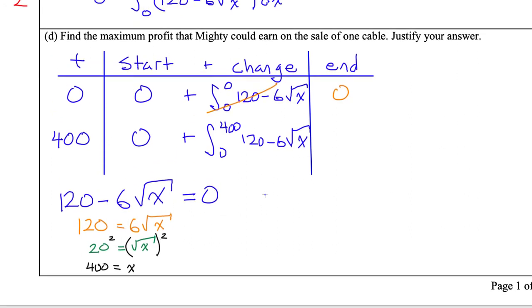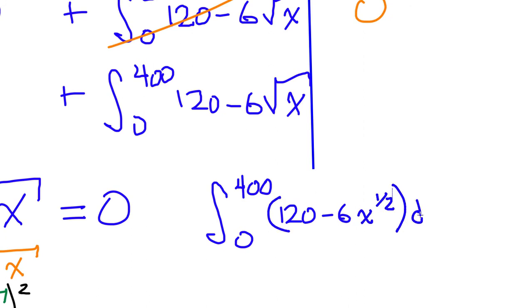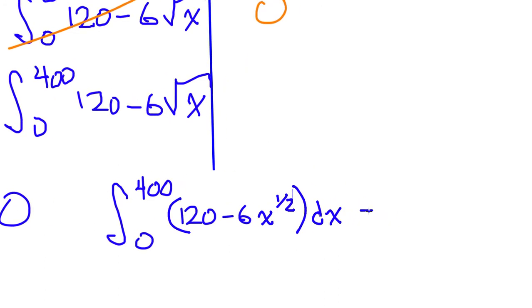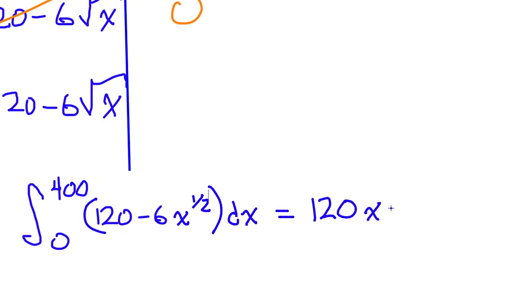So when I take the integral from 0 to 400, I should zoom in again so I can have slightly neater work. The integral from 0 to 400 of 120 minus 6x to the 1/2, all of that dx, is going to be equal to 120x minus 4x to the 3/2.